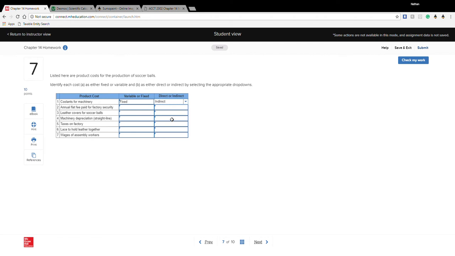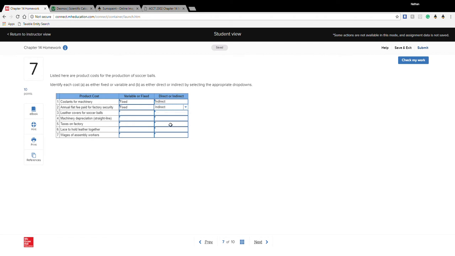And that's the thing. I know machinery is a product cost. I know it works with the product, but is it a part of the product? That's how direct and indirect tend to go. So annual flat fee paid for factory security. Since this is an annual flat fee, that basically stands for almost salary. That's a fixed.